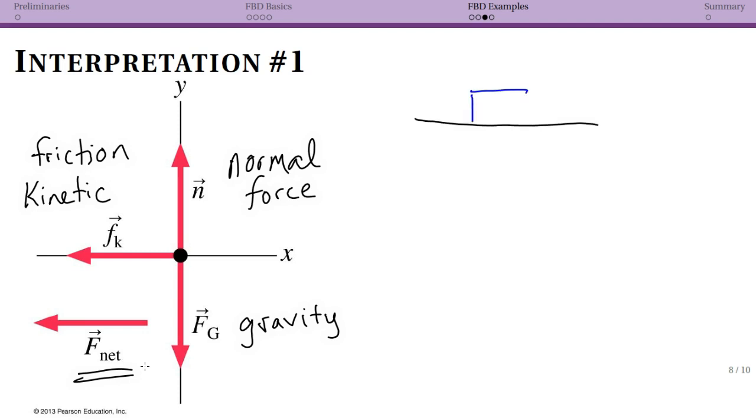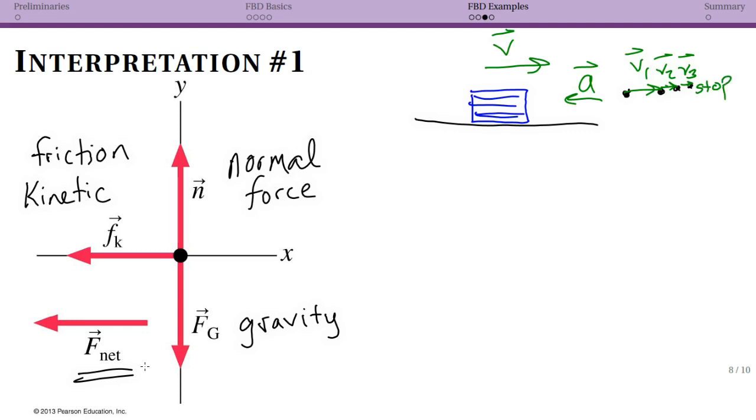This could basically be my book on a surface with a velocity vector to the right and an acceleration vector to the left, and we would say that my book is in fact, if I do a little motion diagram, slowing down. We have V1, we have V2, we have V3, and then we have stopped. So this would be my motion diagram for my book sliding, which is this free body diagram.